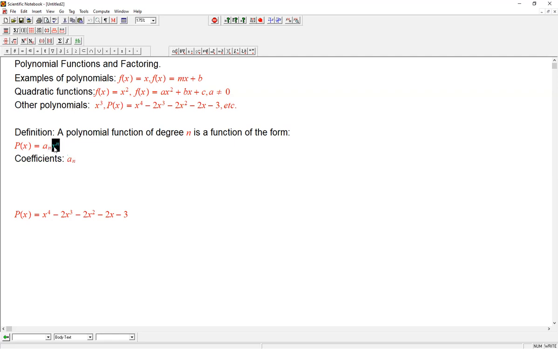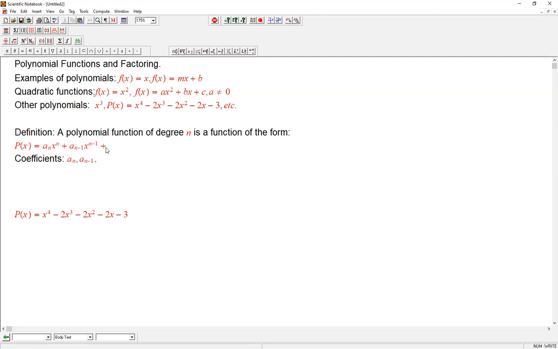So for x raised to the power n, it has a coefficient a sub n. And the next term is a sub n minus 1, which is a coefficient for x raised to the power n minus 1. So a sub n minus 1 is a coefficient as well.